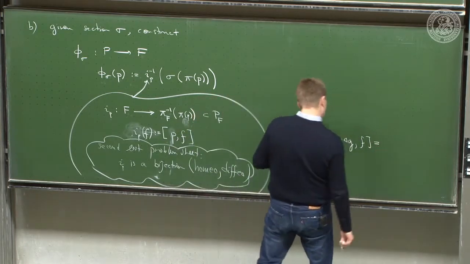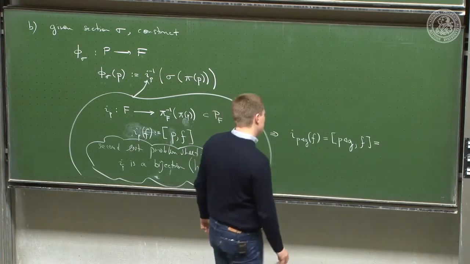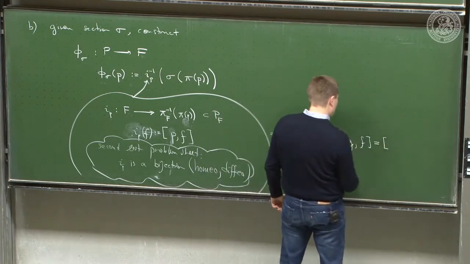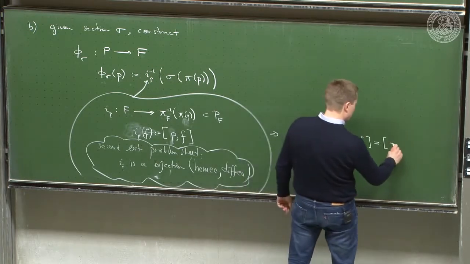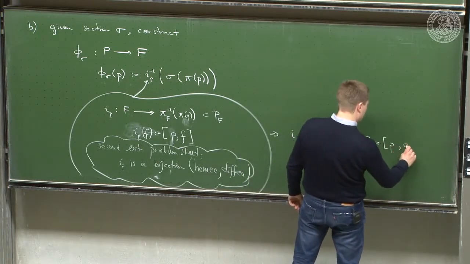And that is the same as, I can now act again from the right by G inverse without changing this if at the same time I act here from the left.